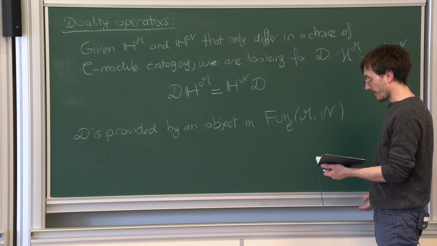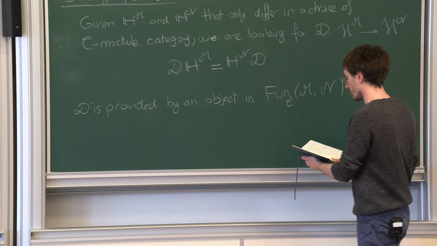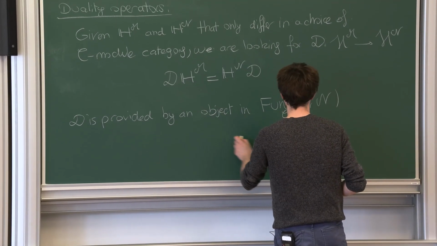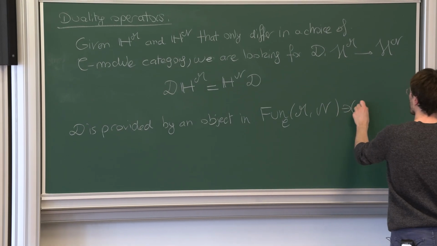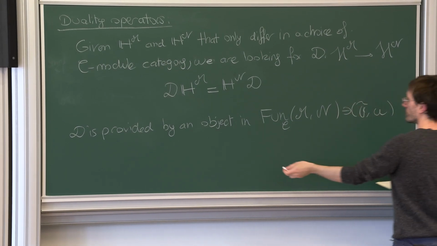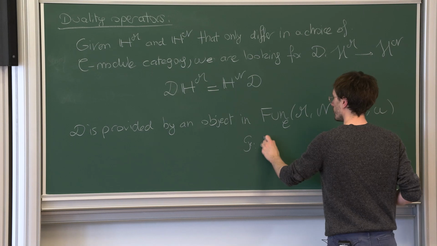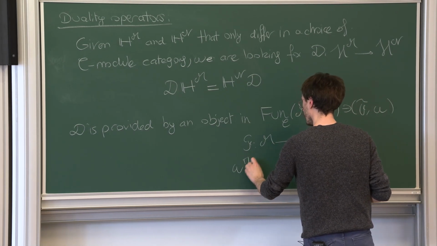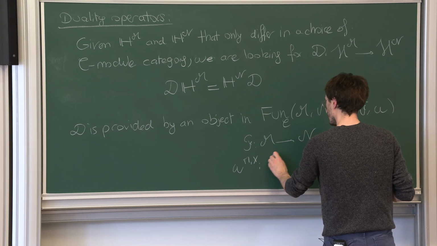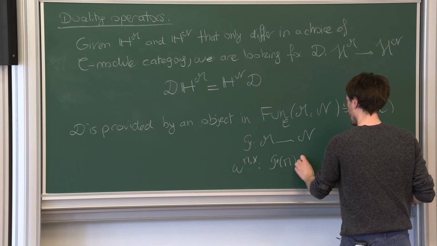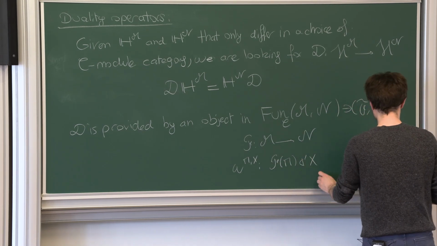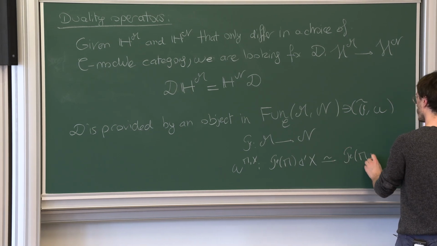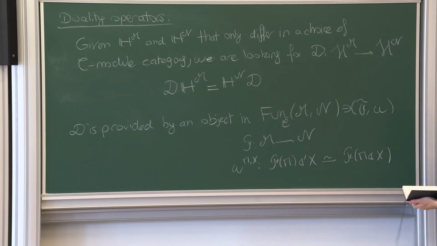I'm not going to do it explicitly, but what it means is that this is labeled by the same type of data. The only difference is that now F is a map from M to N, and omega is even more mixed than before, because now I have two types of actions, one with respect to one module and one with respect to the other.